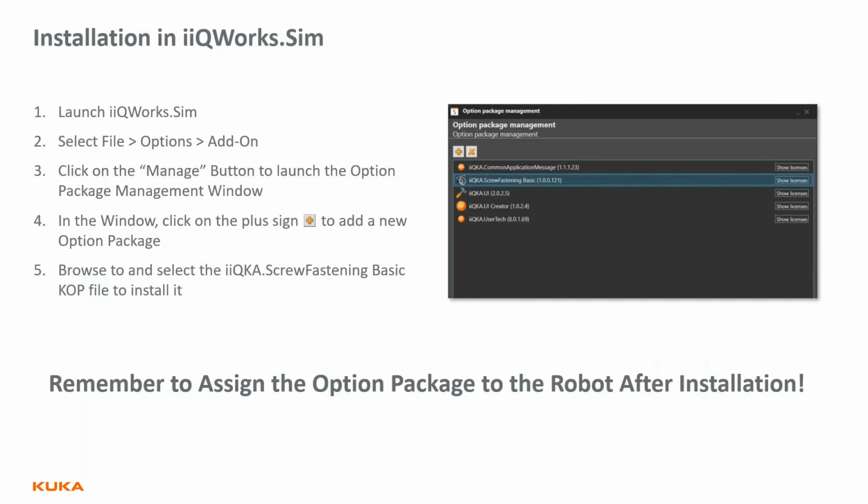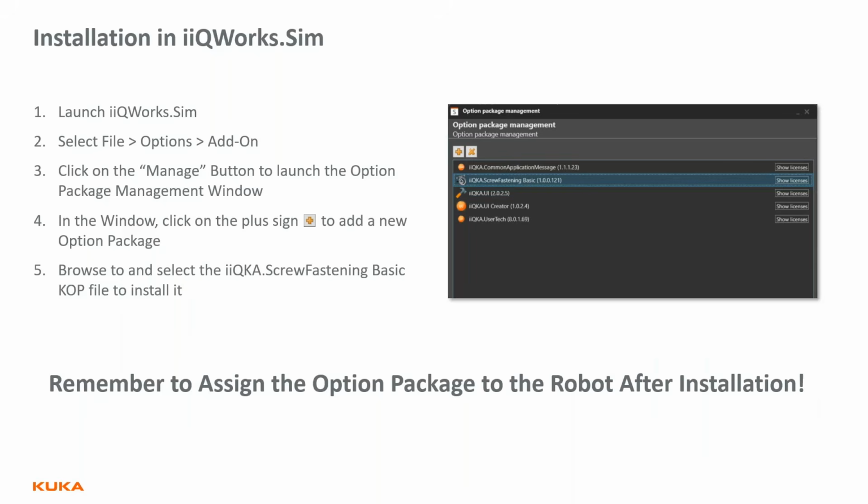These are to first launch iiQWorkSim, then select in the File menu under Options, Add-on. Click on the Manage button to launch the option package management window shown here, and in the window, you'll click on the plus sign to add a new option package.